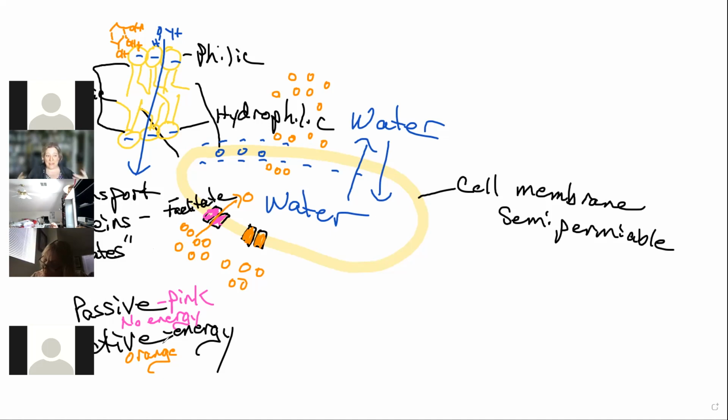Facilitation is a fancy word for helping. So this passive channel is going to allow facilitated diffusion of the sugar from its high concentration to a lower concentration inside the cell.